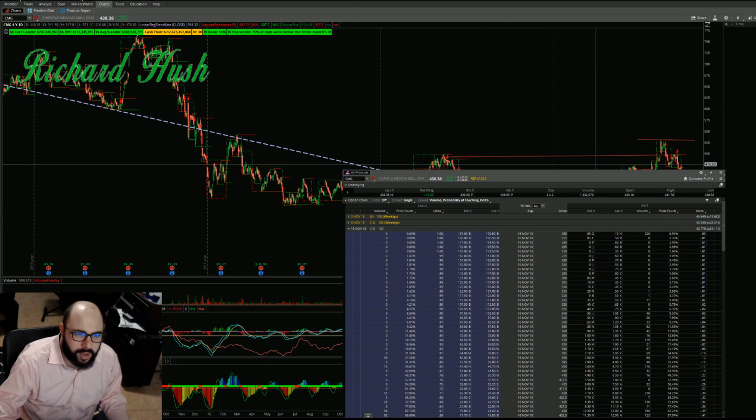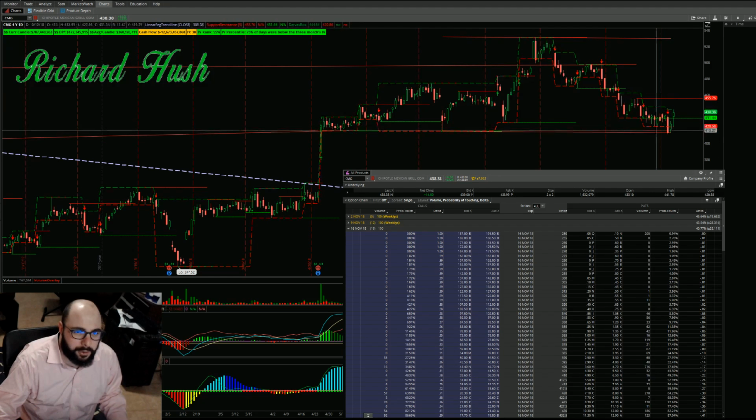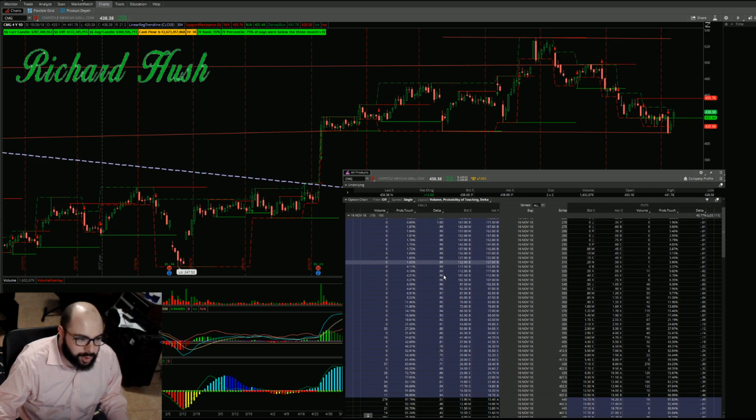So we're gonna say, okay, so CMG, if it doesn't fall through this trend line that we have here, it doesn't fall through the 415 area, and it actually bounces and stays above the 415 area, and it wants to go higher, and it wants to go back up to the top of the trend, which is the top of the channel, which is going to be 524, just in case. We would want to trade 450 calls, 460 calls, 470 calls for the next 2 months, next 3 months.